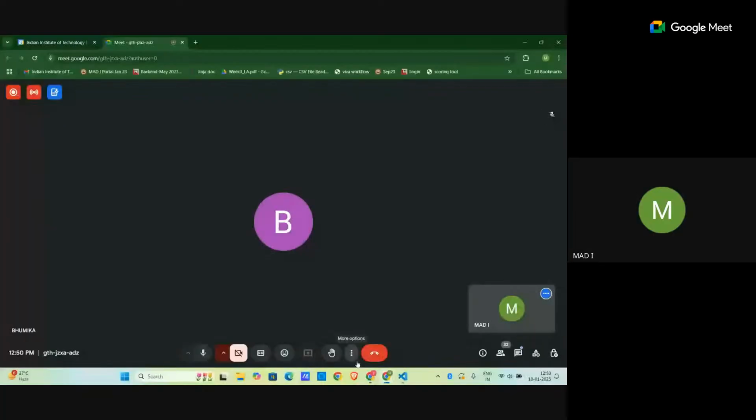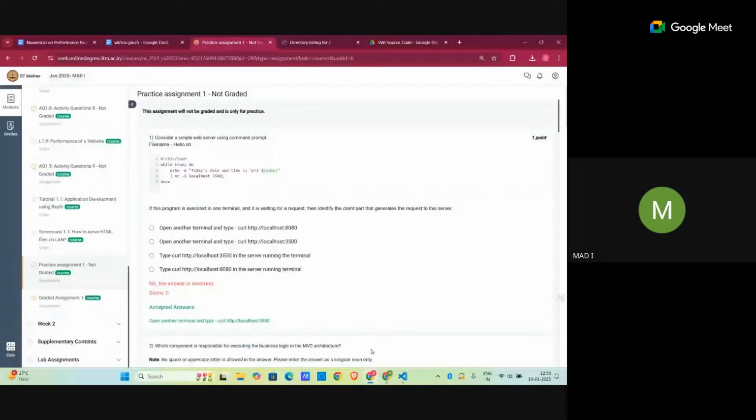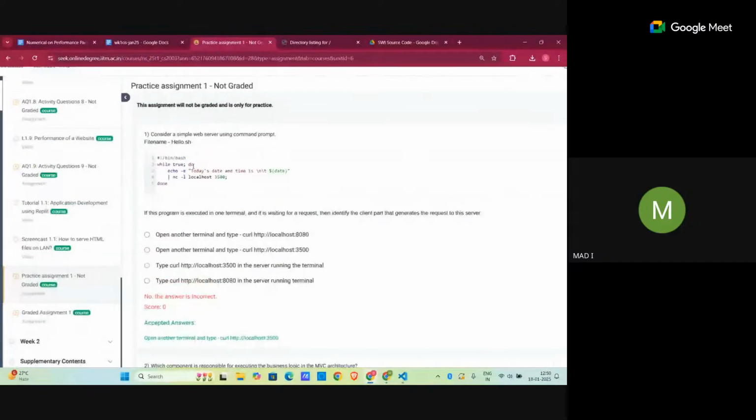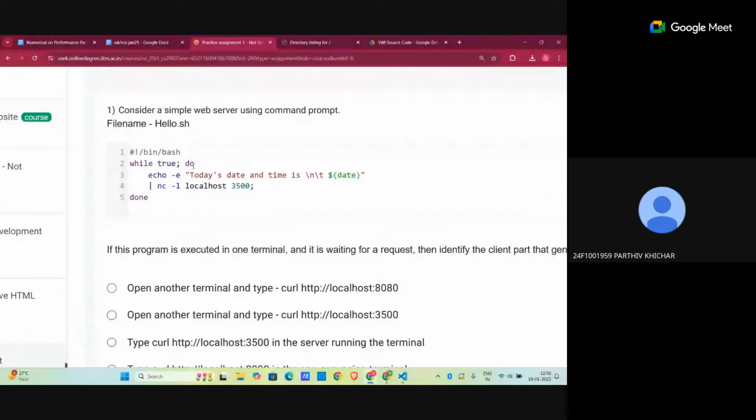Is that visible now? So basically it will run this loop unless we kill this program. So what is written: echo -e. Here it is given as "today's date and time is" \n \t date.